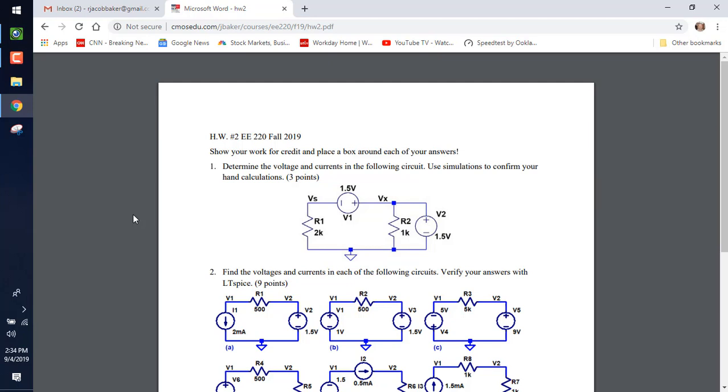What is the current in the 1K resistor and why? 1.5 milliamps. Okay, why? Yeah, the voltage across it is 1.5 volts. I put a voltage source across it.